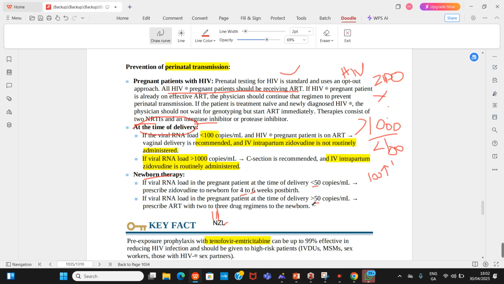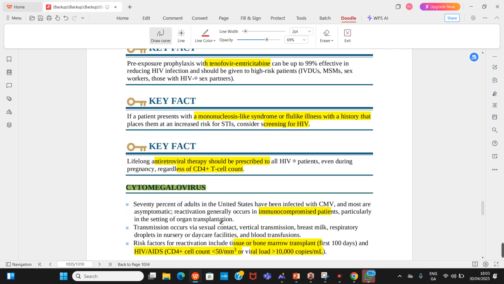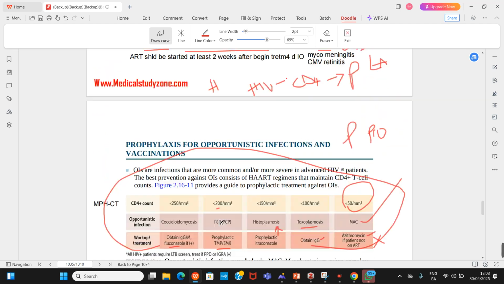If the mother is having more than 50 copies, you can give nevirapine, zidovudine, lamivudine, or nevirapine and zidovudine alone. So that is that. Let's see if you can solve one question.